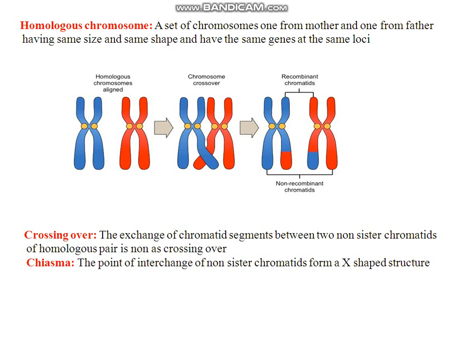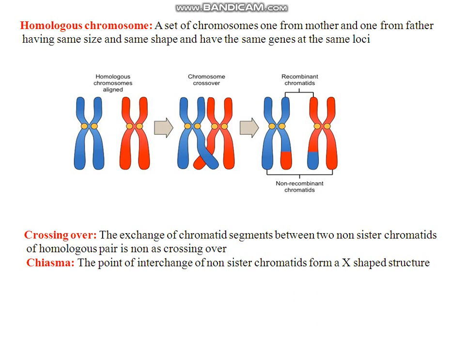Now crossing over. The non-sister chromatids, there is one blue and one red chromatid. The non-sister chromatids of tetrads seem to cross each other at one or more points. Here only one point is showing, but it can occur at more than one point also. These points look like an X-shaped structure.